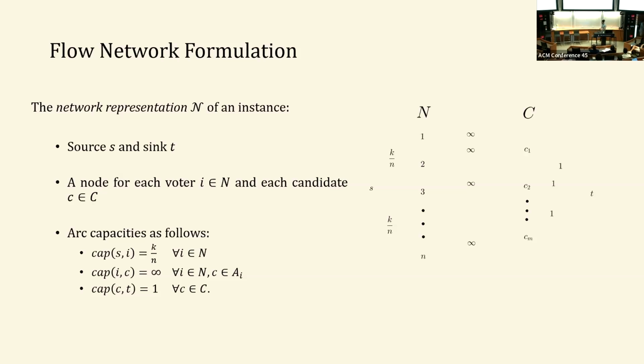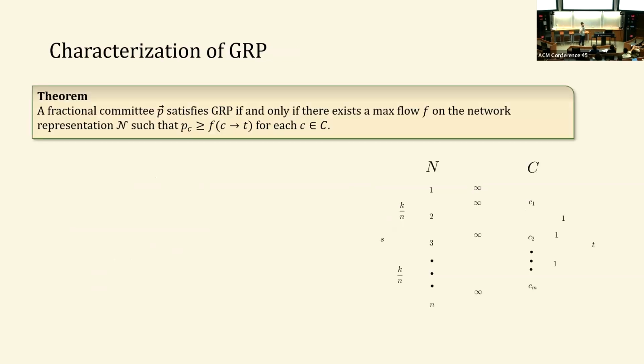So in essence, we're kind of capturing this text interpretation. We're saying we're going to give them sort of a budget of K over N. They can flow to any candidate that they approve of. And then from those candidates, we can select them at most 1, right? So this flow network formulation turns out very helpful because it allows us to characterize GRP.